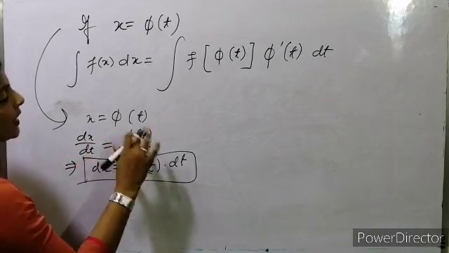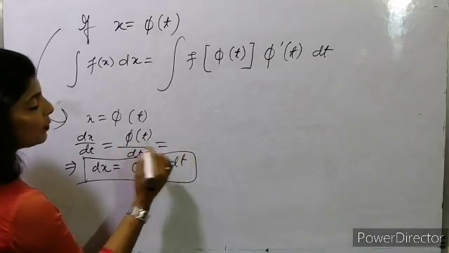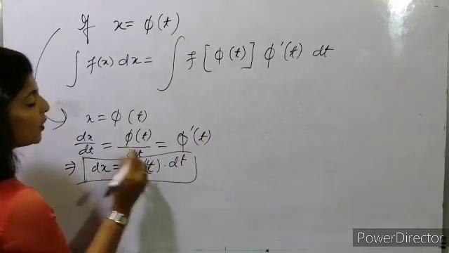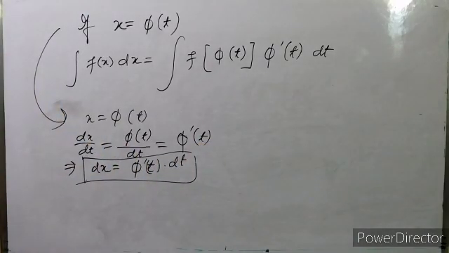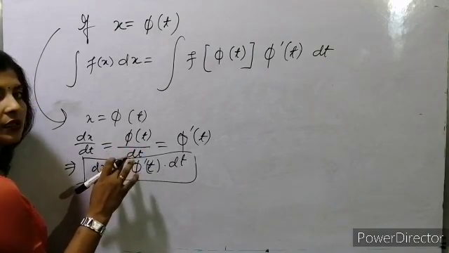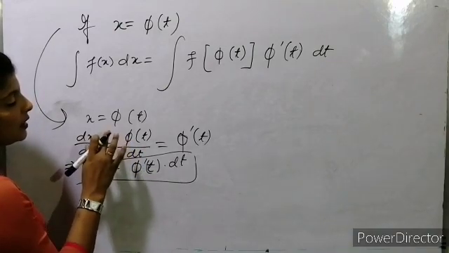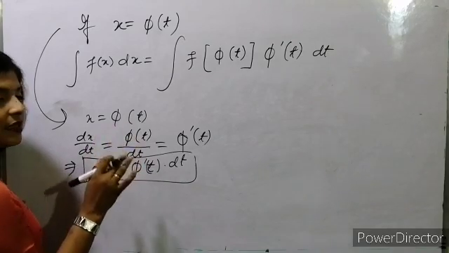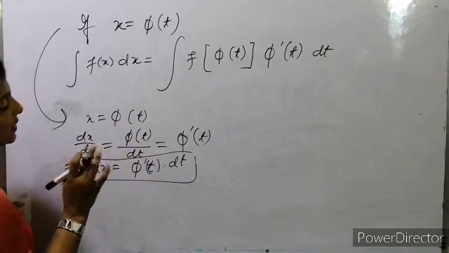Okay. Now d(phi t) upon dt can be written as phi dash t, because phi t is a differentiable function of t.